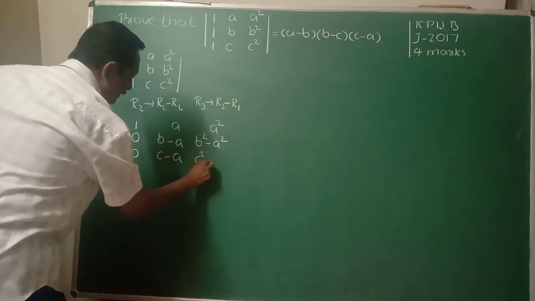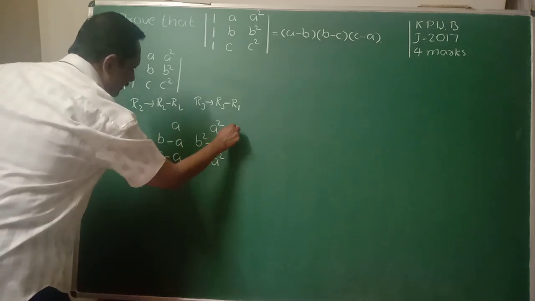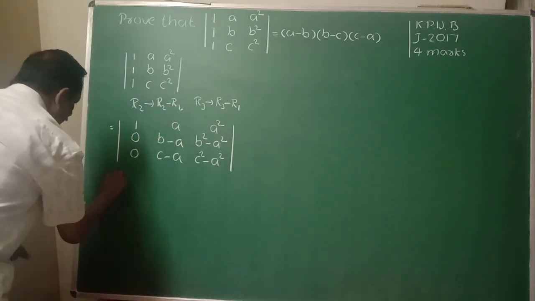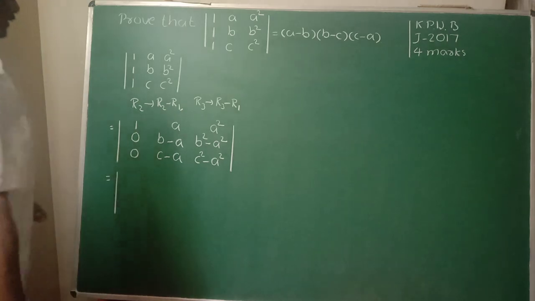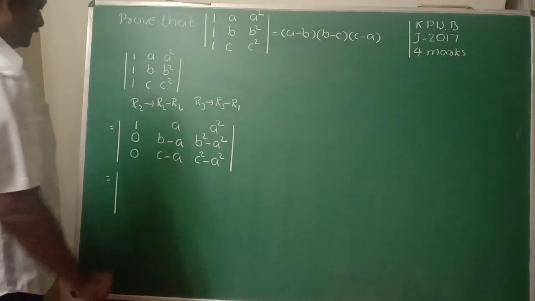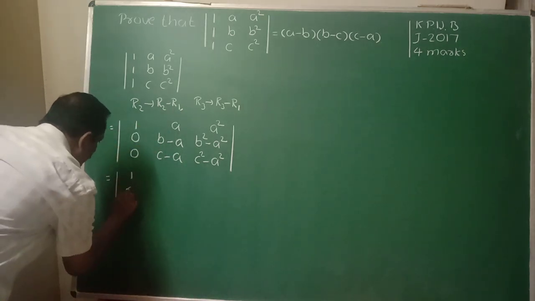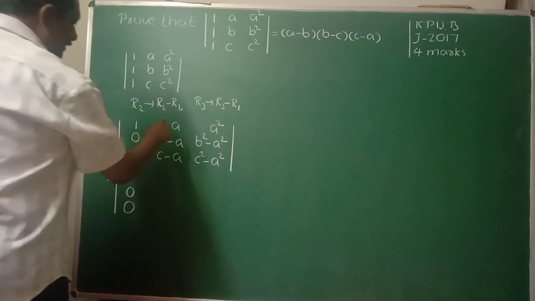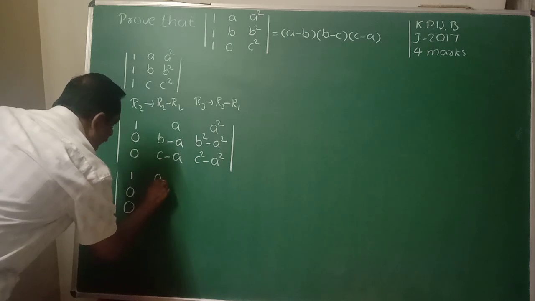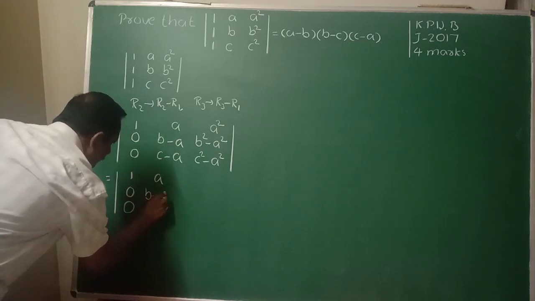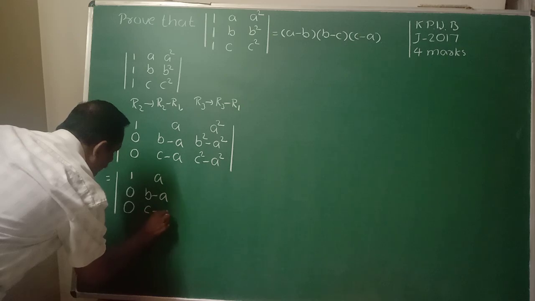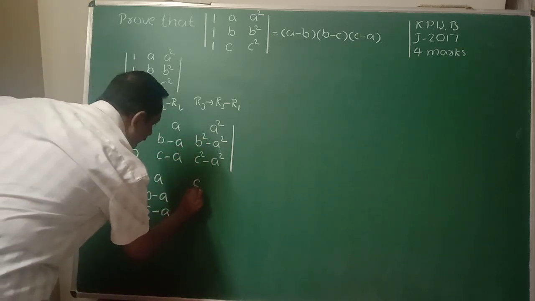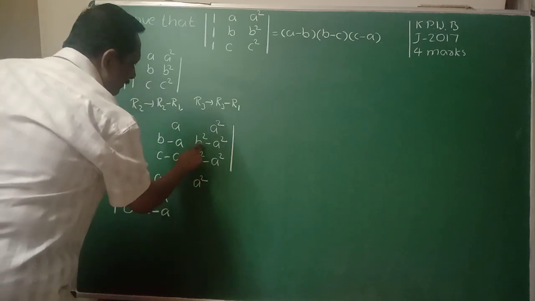Okay, then this is equal to the determinant. The first two columns write as it is: 1, 0, 0, then a, b minus a, c minus a. Then write a square, b square minus a square, c square minus a square.